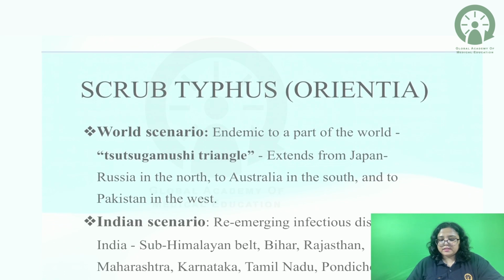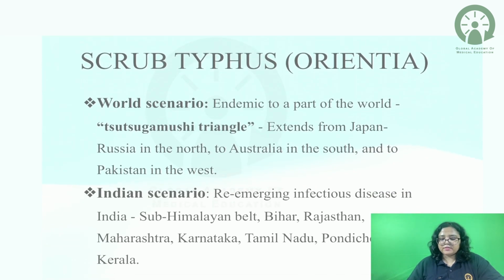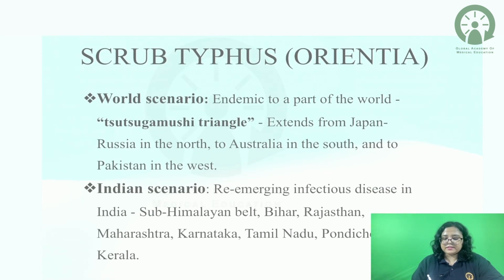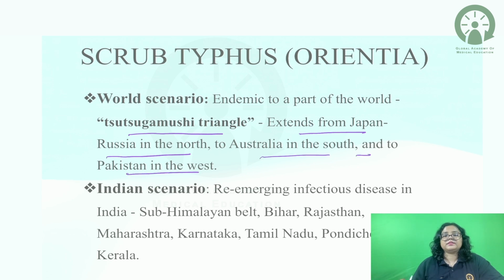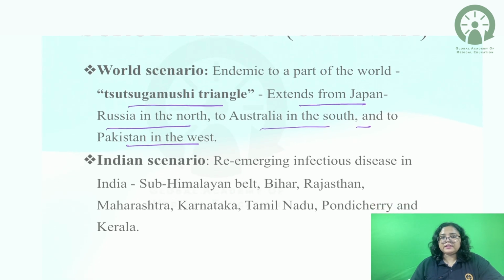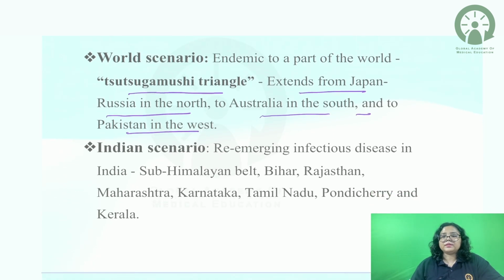So there is this world scenario. We have a Tsutsugamushi triangle. It extends from Japan and Russia in the north to Australia in the south and to Pakistan in the west. In this triangle, there is maximum incidence of cases. In India also there is re-emergence of this infectious disease in the sub-Himalayan belt, Bihar, Rajasthan, Maharashtra, Karnataka, Tamil Nadu, Pondicherry and Kerala.